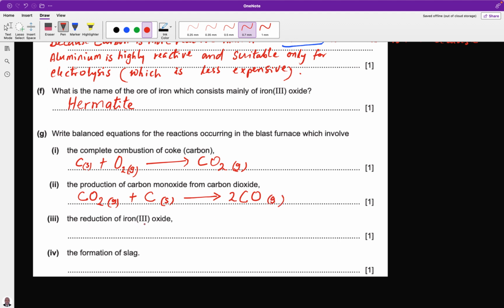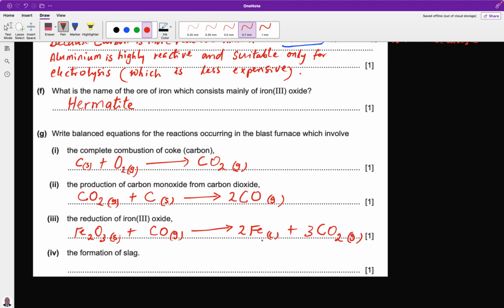Then the reduction of iron 3 oxide. It will be Fe2O3, which is solid, plus, for this to be reduced, we need to use carbon monoxide, which is a gas, to give iron, where the iron is liquid, plus 3 carbon dioxide, which is a gas.